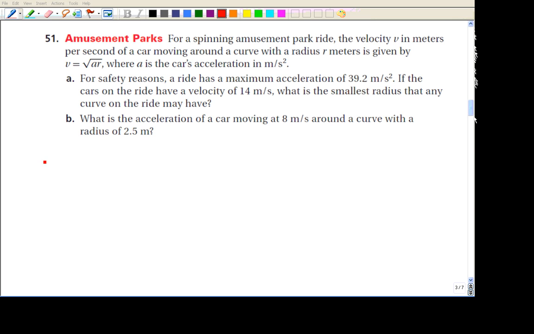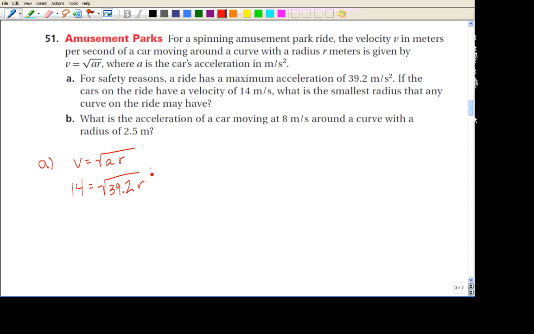Okay, so let's start setting up our equation. Part A is v equals the square root of a times r. So our velocity is 14 equals the square root of our acceleration, 39.2 times r, and we're solving for r.